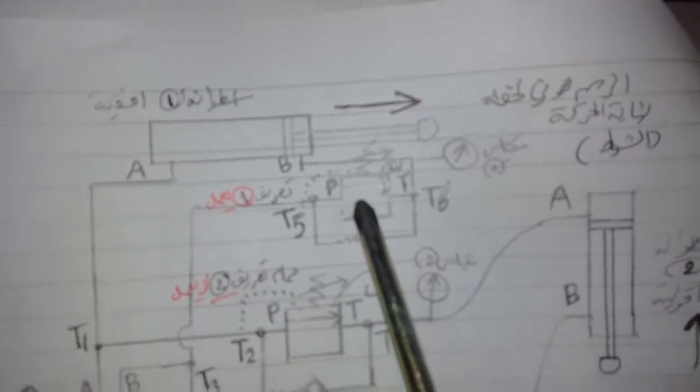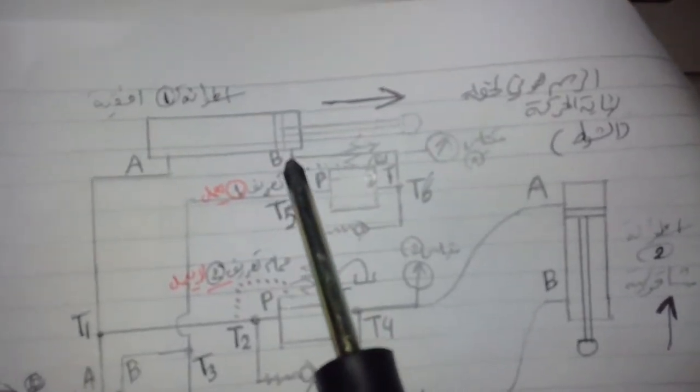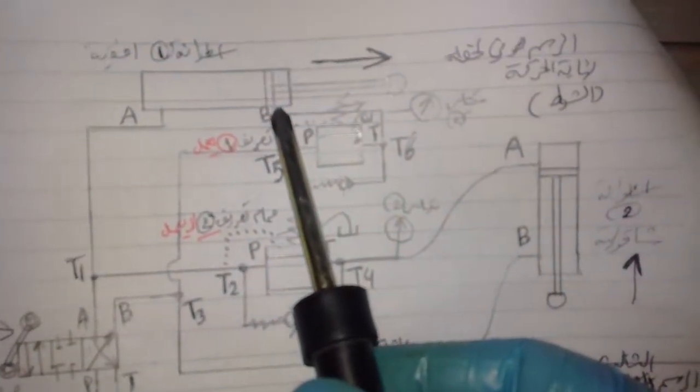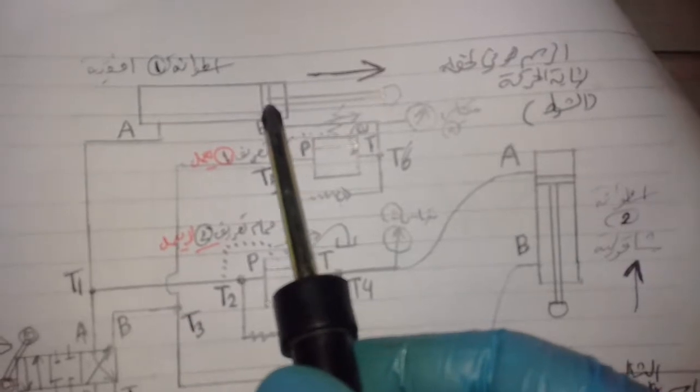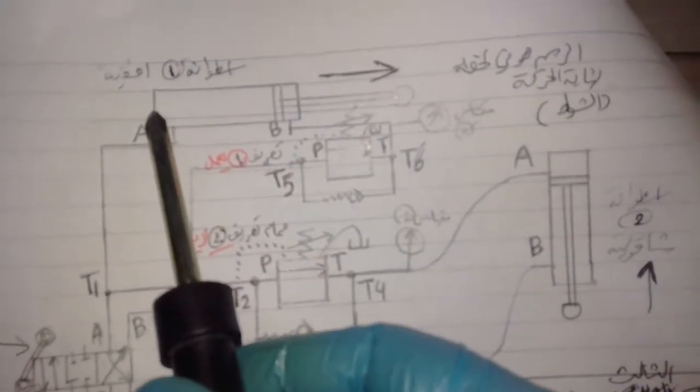So it would choose to push the main plunger in the relief valve and flow through T6, then to the B port in the horizontal cylinder, and retract the piston to the first position.